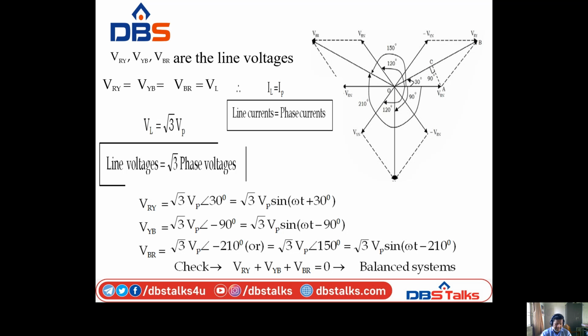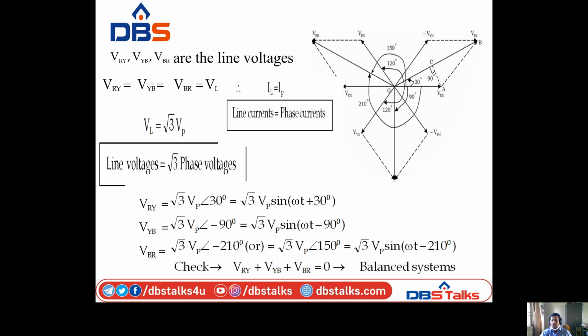Therefore, VRY bisects the angle. Look at the figure. From VRN to VBN is 120 degrees, and this is the exact middle. So the angle between VRN and minus VYN is 60 degrees. Now VRY is in the middle between these two, that is why 30 degrees.